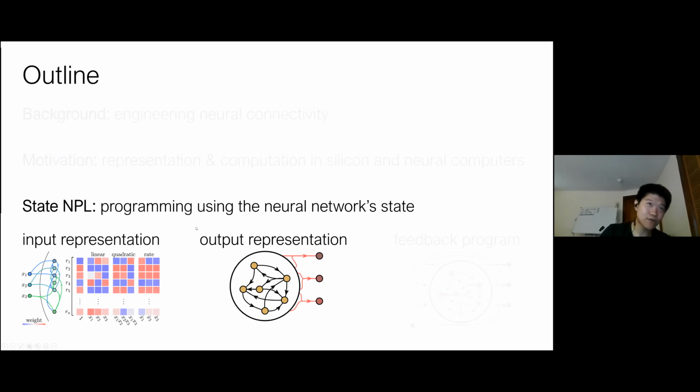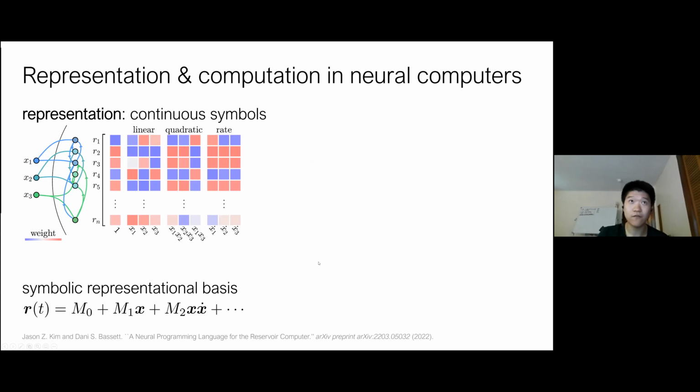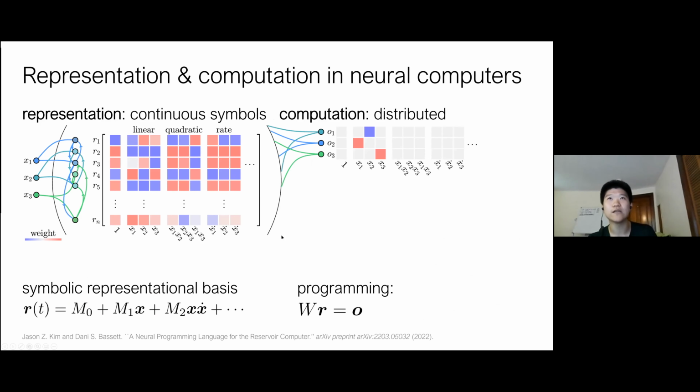So the second step now is to use the representation of these neurons in order to get some kind of output that we want, right? Using our symbolic representational basis, which are just the weights preceding the polynomial terms of the inputs, we can just solve a linear problem in order to get a particular output that we want.